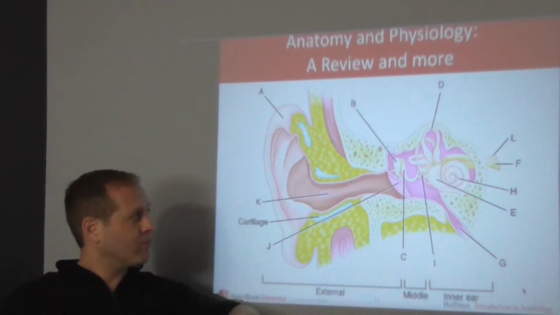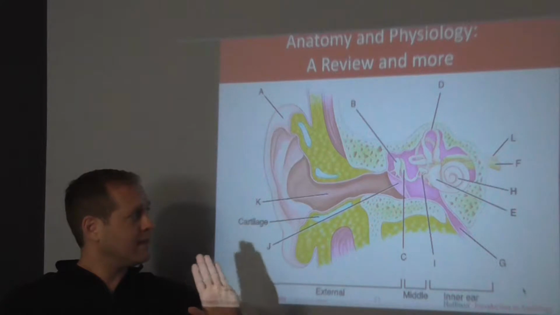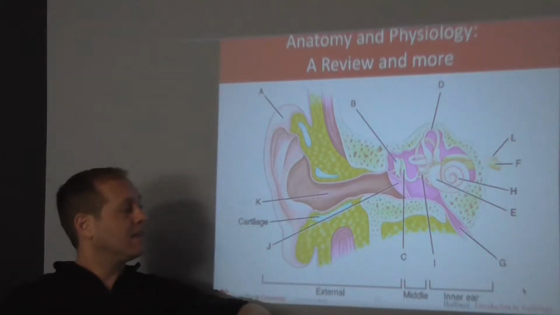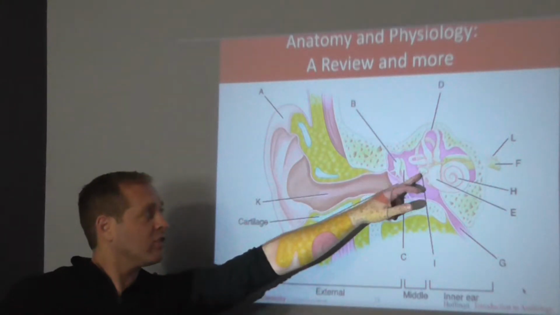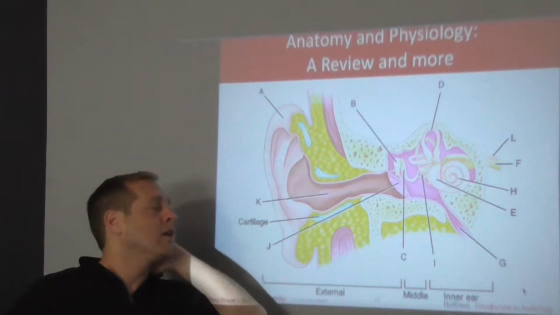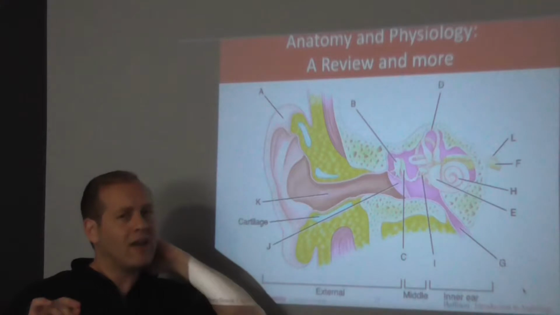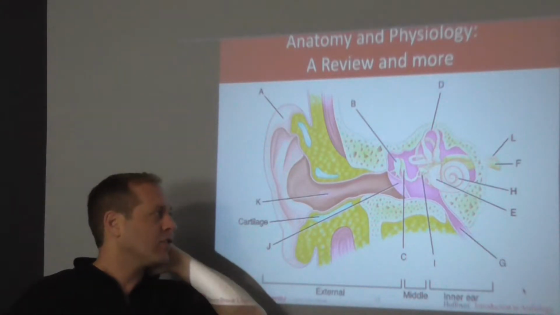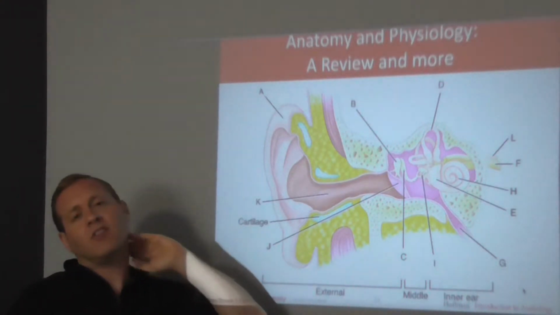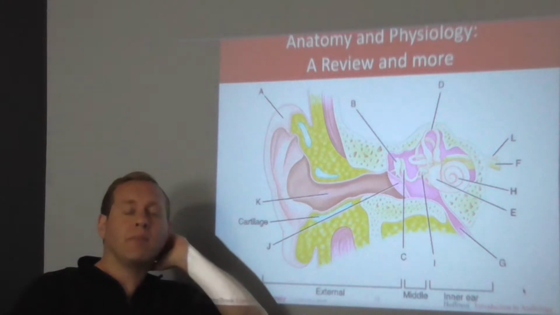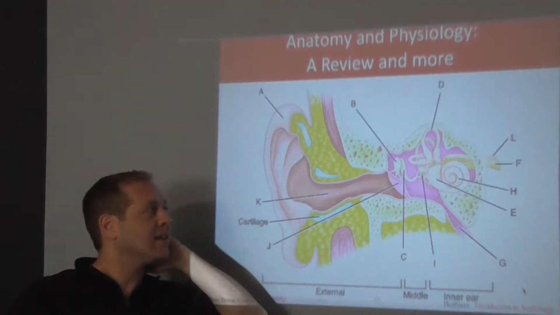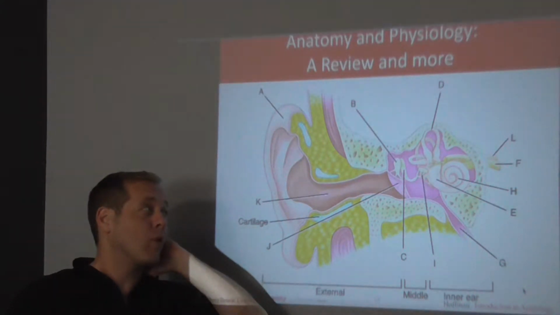But yeah, the tensor tympani is attached to the malleus, and the stapedius muscle is attached to the stapes. Okay, so in addition to the ossicles in the middle ear and the eustachian tube, the other anatomical structure that's important are the 2 muscles of the middle ear, known as the stapedius and the tensor tympani.